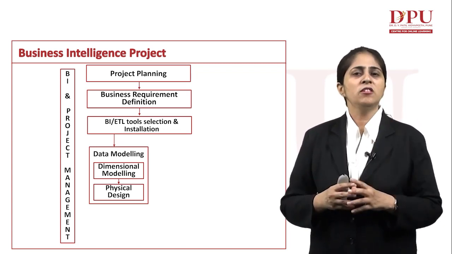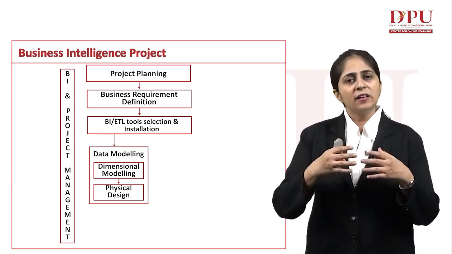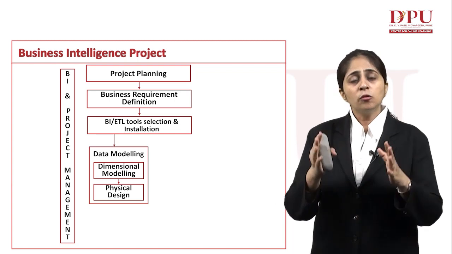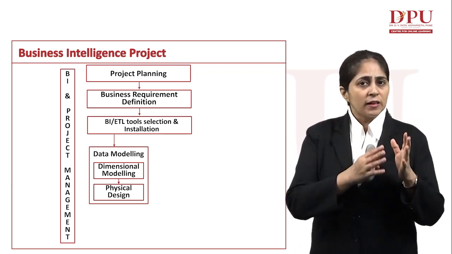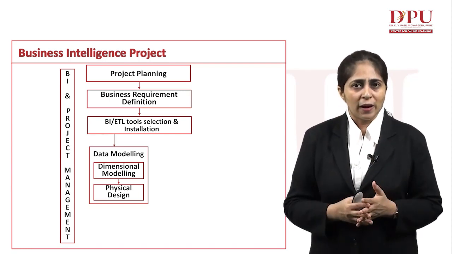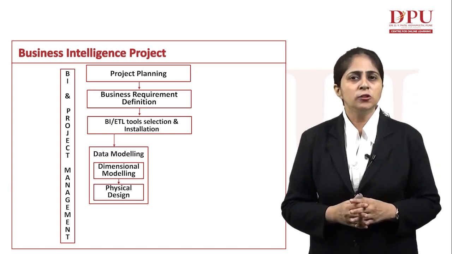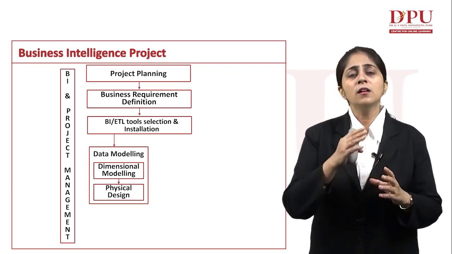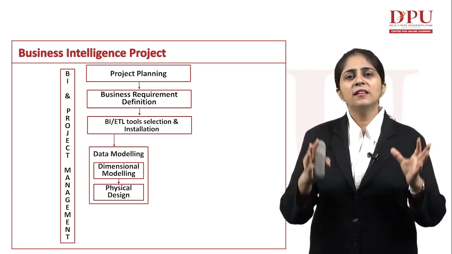Then there can be a location dimension. If there is a chain of supermarkets and it is in various cities, so location can be another dimension for it. Products, what all products are delivered by that particular supermarket, so that will be another dimension. So this is a very huge step which will require modeling all those dimensions and creating the physical design of our project.